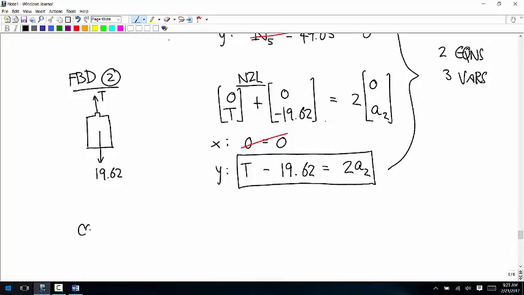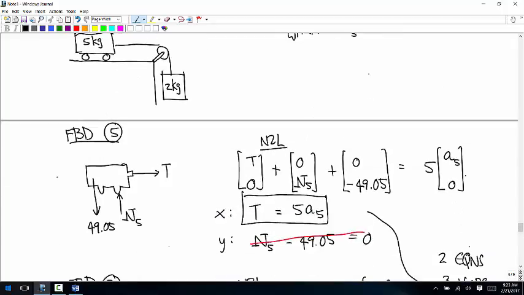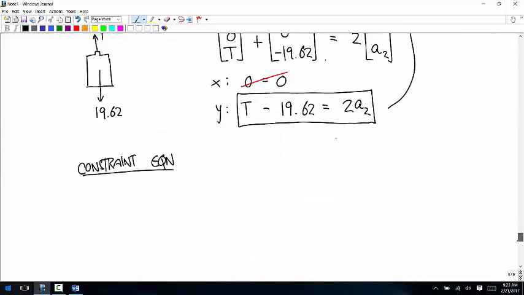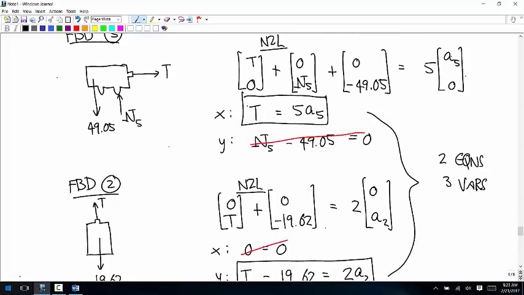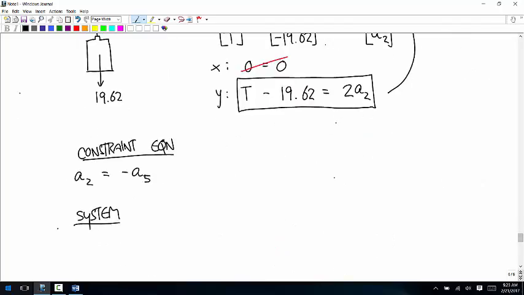So our constraint equation says A5 is equal to negative A2, or I guess I'm going to write it the other way. A2 is equal to negative A5 because what we're trying to solve for is A5. So our system says T is equal to 5A5.